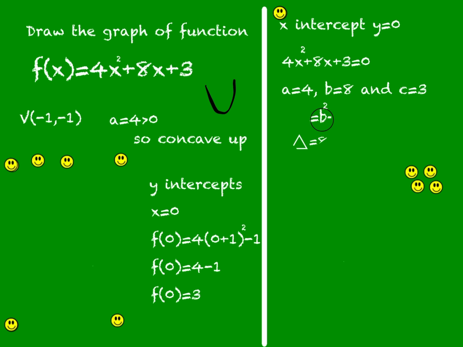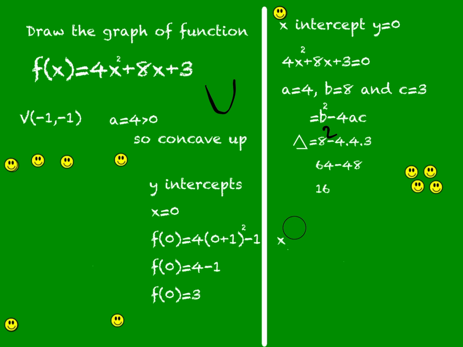We need to figure out the discriminant. Discriminant equals b squared minus 4ac. So here b is 8, 8 squared minus 4 times 4 times 3. It means 64 minus 48, then obviously 16.